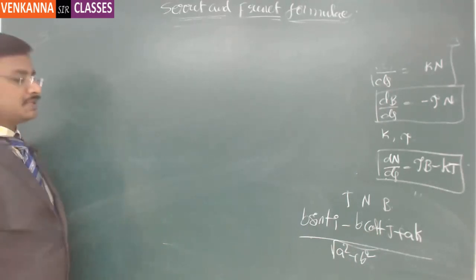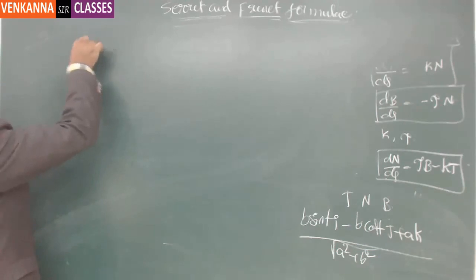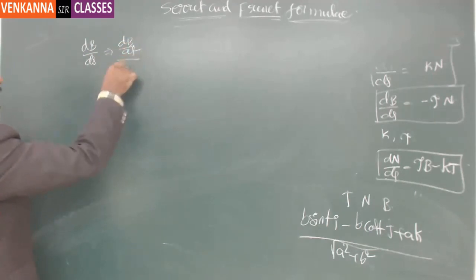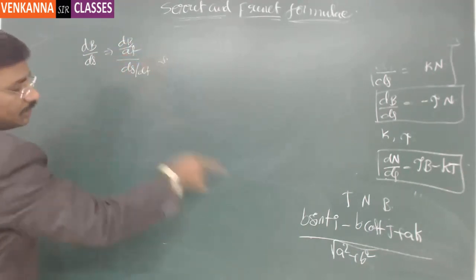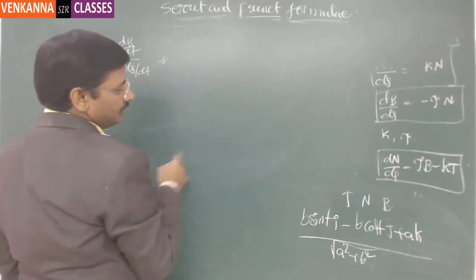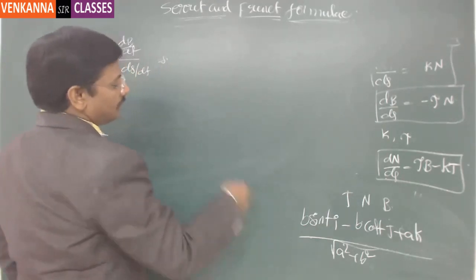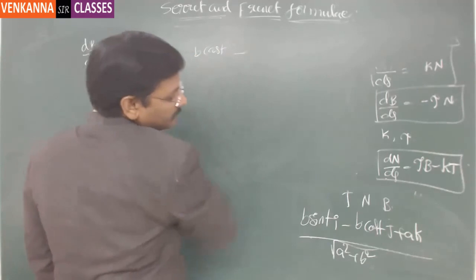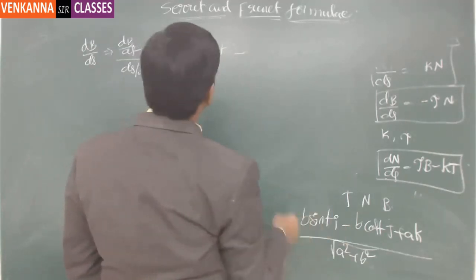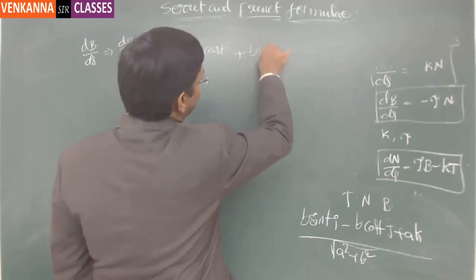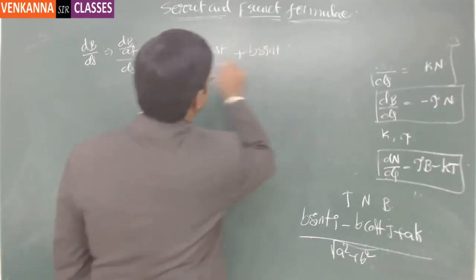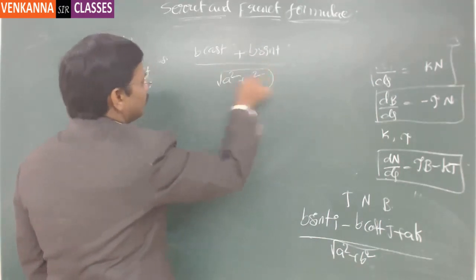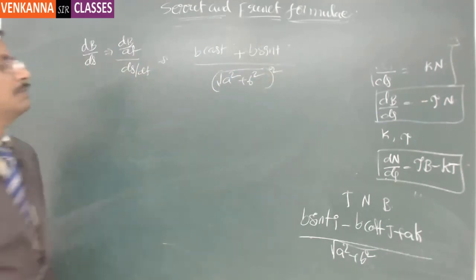Right? So just take the derivative of that, that is dB by ds equal to dB by dt divided by ds by dt. So dB by dt is the derivative of this with respect to t. The derivative of sin t is cos t, so b cos t, minus the derivative of cos t, which is minus sin t, so this is b sin t, divided by square root of a square plus b square, multiplied by dt by ds, which is again a square root.